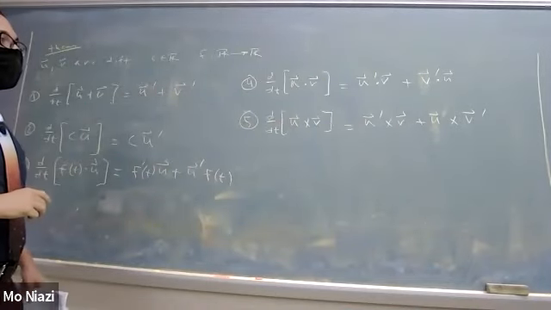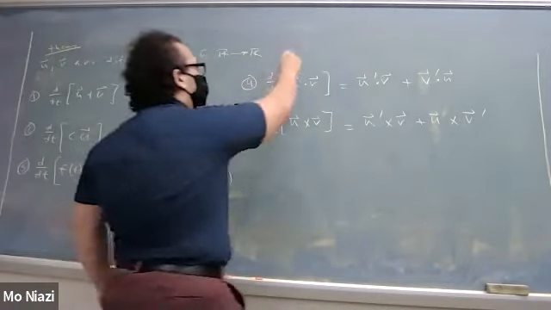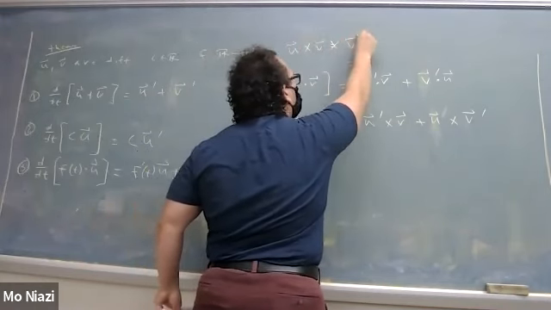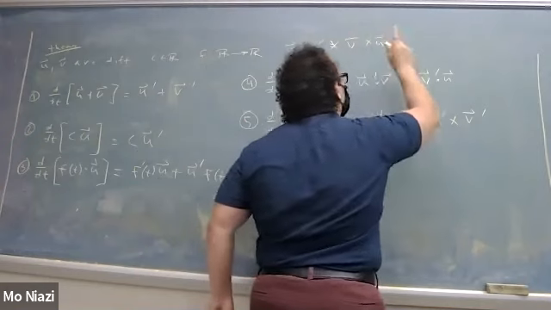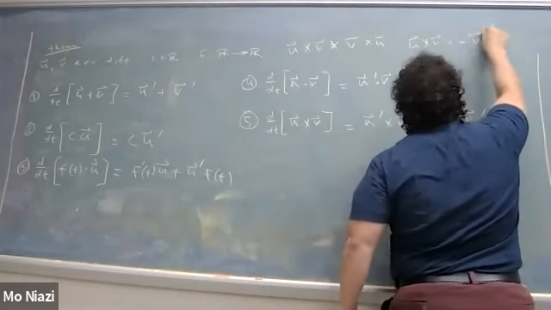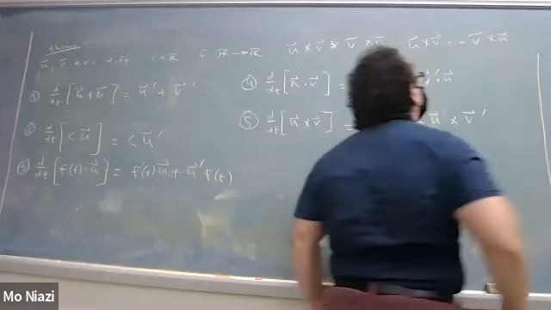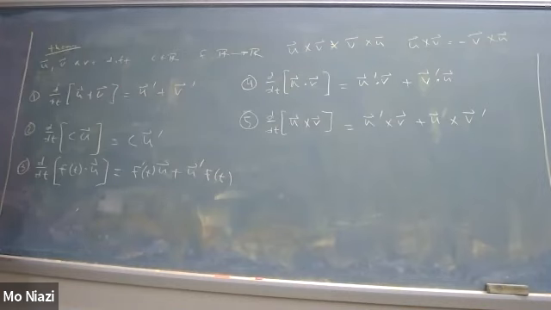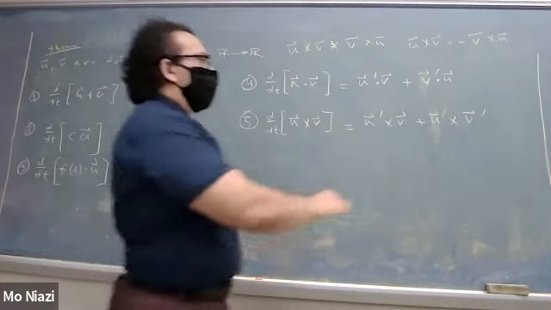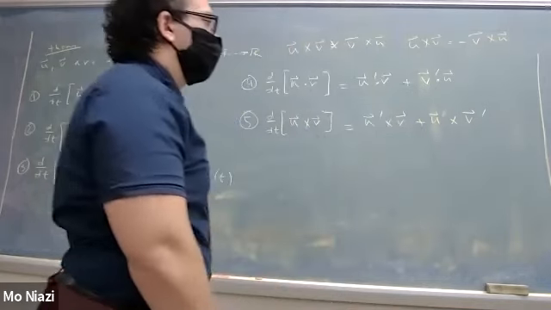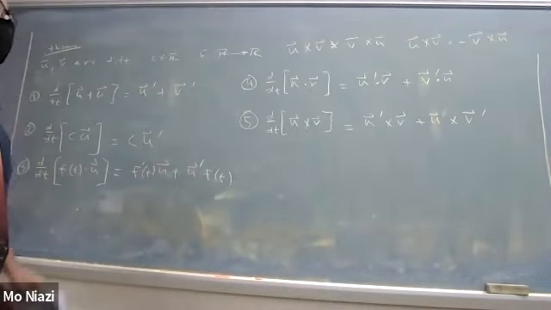Well, it's because in general, u cross v does not equal v cross u, right? Namely, u cross v does equal negative v cross u. So they don't necessarily commute, but they do something relatively simple. So that's why I couldn't put the u prime here, because it's not necessarily true. So you got to be careful.